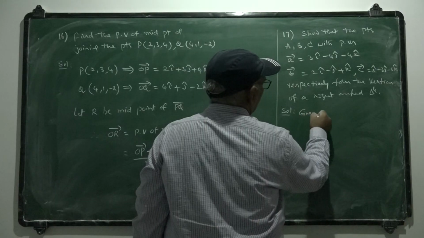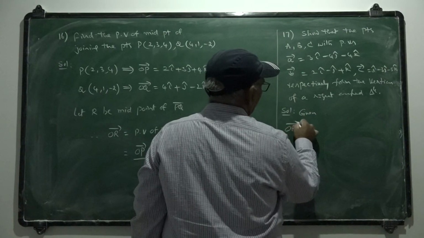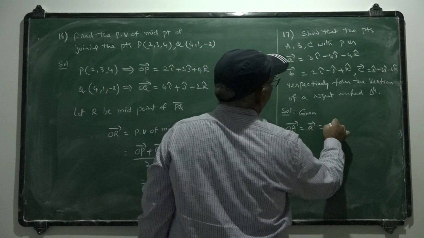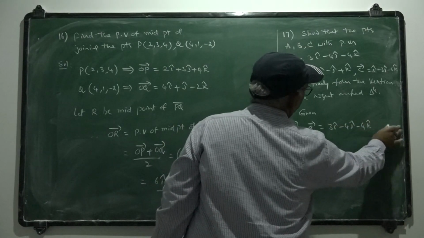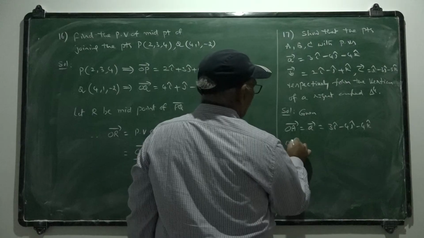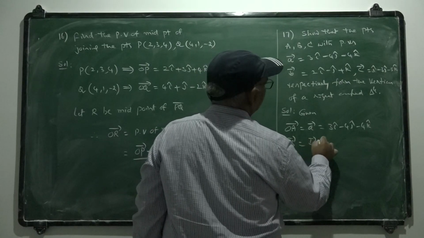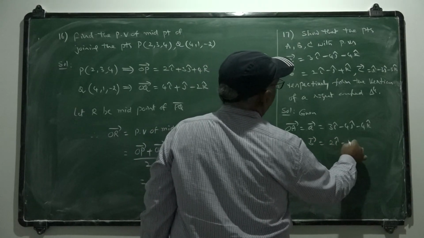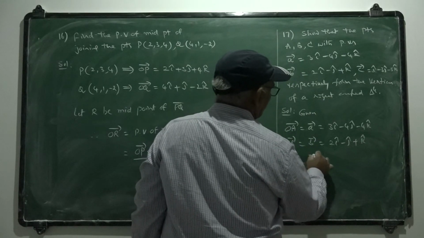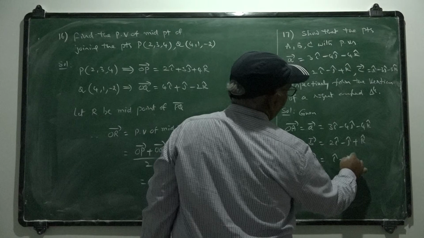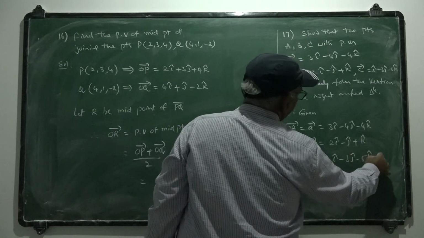Given here, the position vector of point A, A bar, is 3i plus 4j minus 4k. OB bar is B bar, that is 2i minus j plus k. OC bar is C bar, i minus 3j minus 5k.